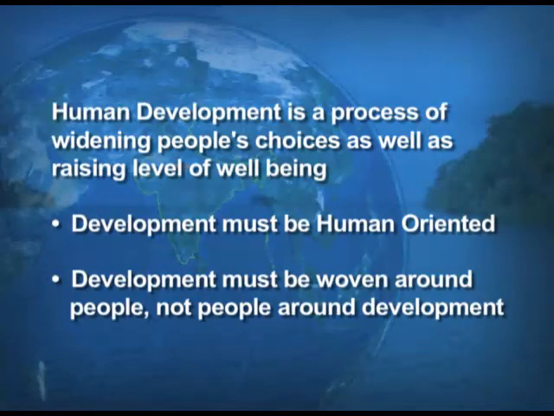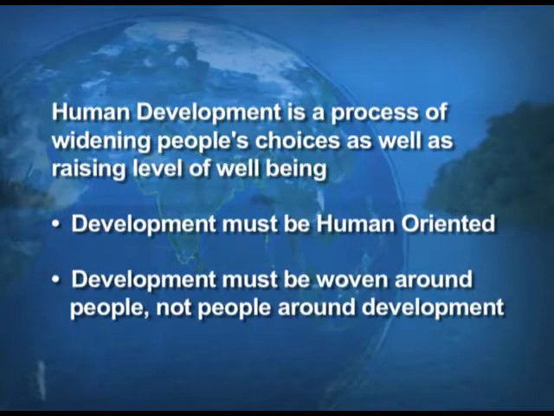Human development is a process of widening people's choices. As we have done earlier, UNDP has also given the statement for human development, that is broadening the choices of the people. So, it is not only broadening the choices of the people, but raising the level of their well-being also.